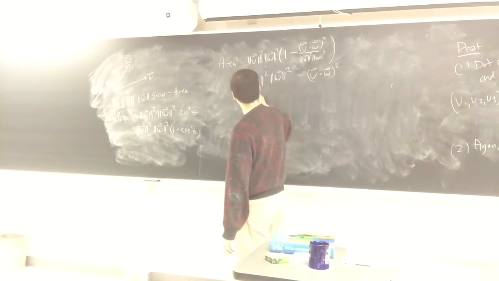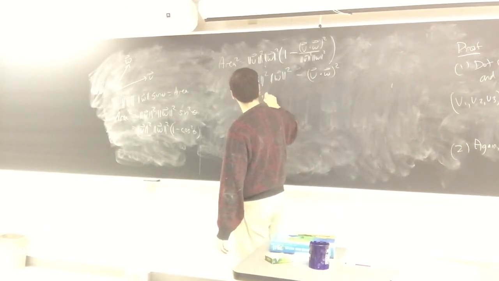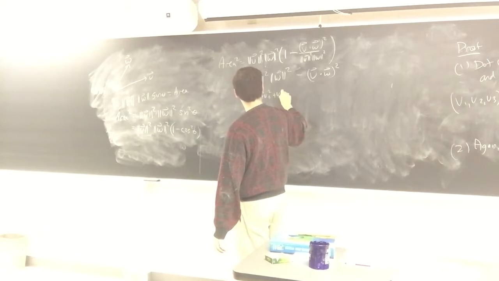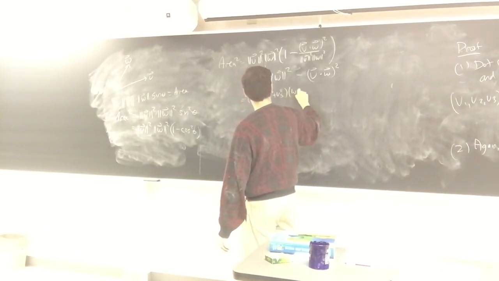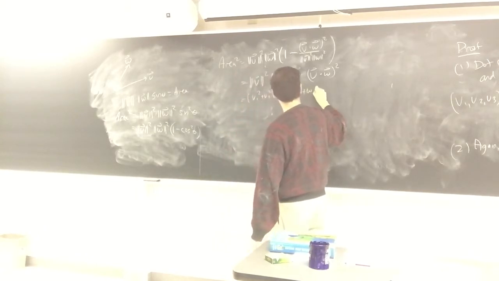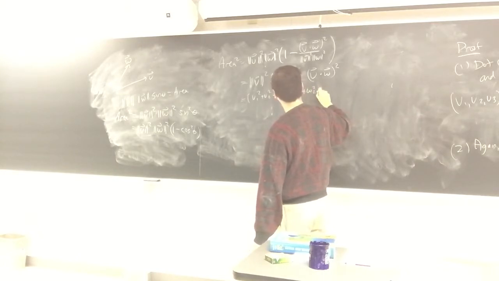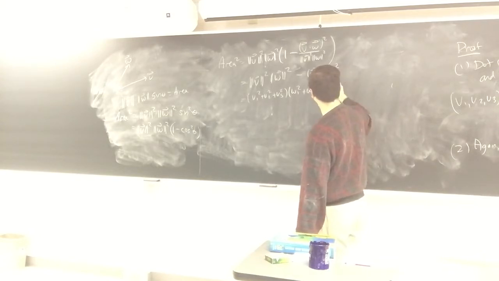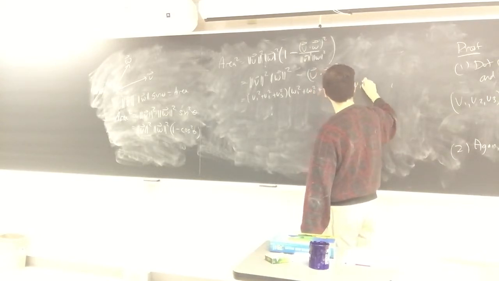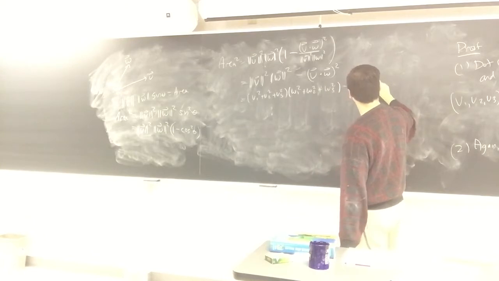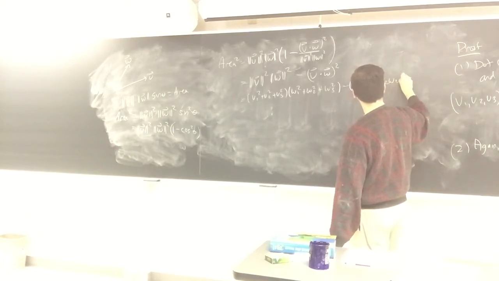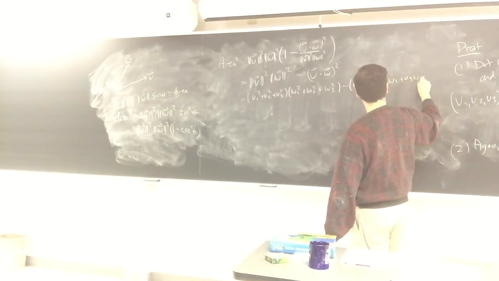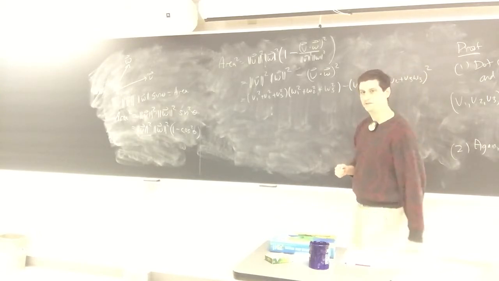So you will have to calculate v1 squared plus v2 squared plus v3 squared times w1 squared plus w2 squared plus w3 squared minus v1 w1 plus v2 w2 plus v3 w3 squared.